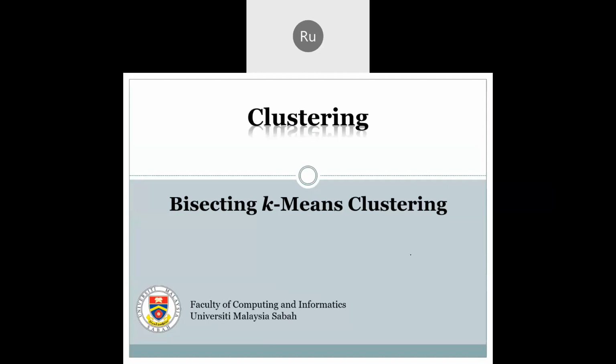The idea with bisecting k-means clustering is similar to what we had before, but bisecting means we divide the cluster into two. It depends on the k, so you divide them into k.